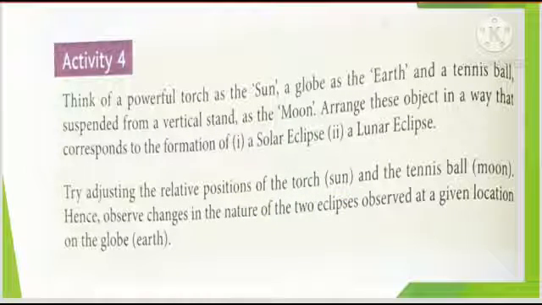Now activity number 4, and promise me, dear student, you will do this activity at home. Think of a powerful torch as the sun. टॉर्च को सन बना लो, a globe as the earth and a tennis ball suspended from a vertical stand as the moon. Arrange these objects in a way that corresponds to the formation of a solar eclipse and lunar eclipse. इनको इस तरह से सेट करो कि एक बार आप ले के आ जाओ अर्थ बीच में, सन और मून के, तो आपका बन जाएगा लूनर इक्लिप्स, और जब आप मून बीच में ले आओगे दोनों के, तो बन जाएगा सोलर इक्लिप्स। I am not sure, dear student, but I will try to demonstrate this activity to you in a separate video.